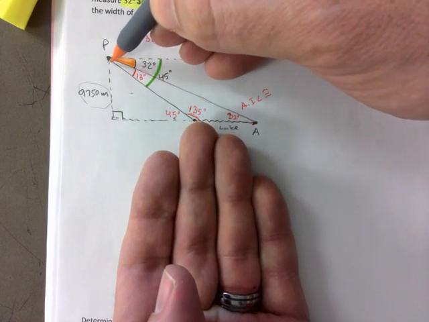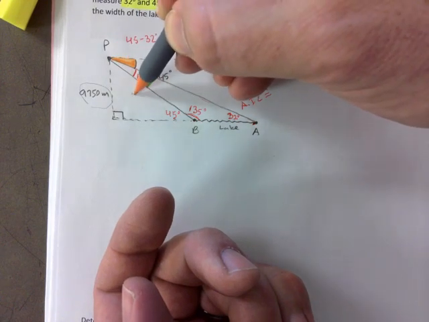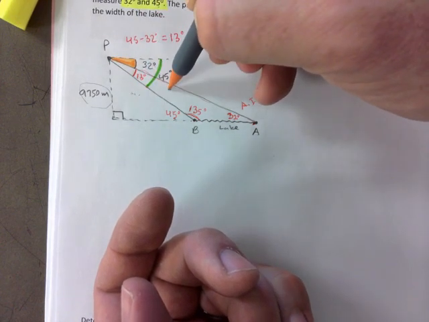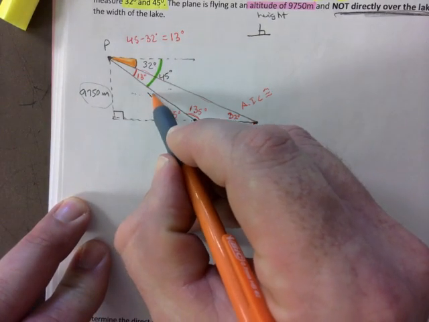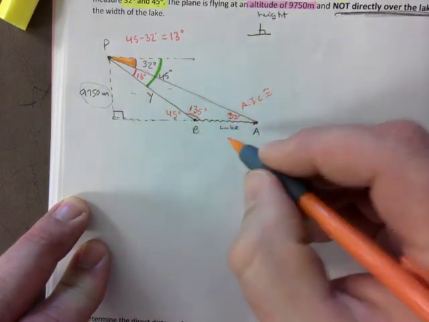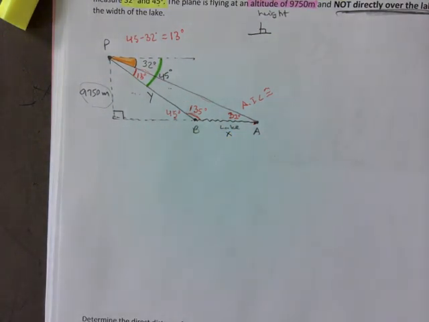Work with this triangle. Work your way closer to this triangle. So my strategy is usually I'm going to find the one that they share, the right triangle and this one. That's my strategy. So I'm going to call this Y, this side right here. And I'm going to call the width of the lake X. So usually X is like the ultimate, and then Y is something in between.